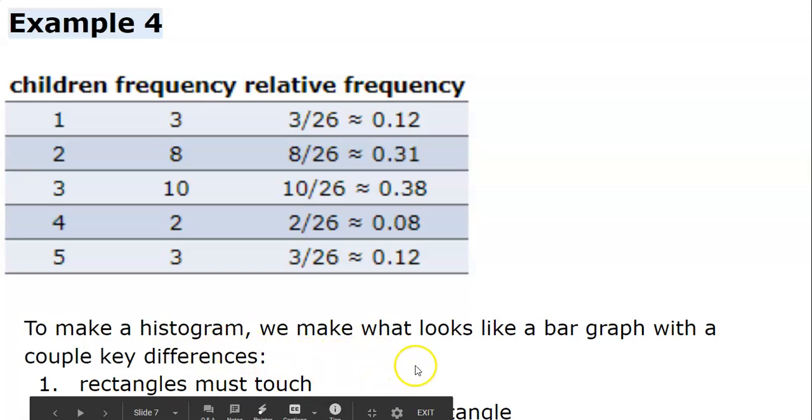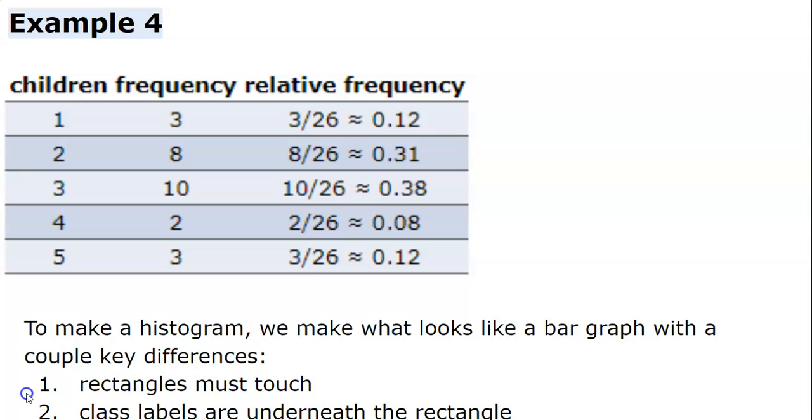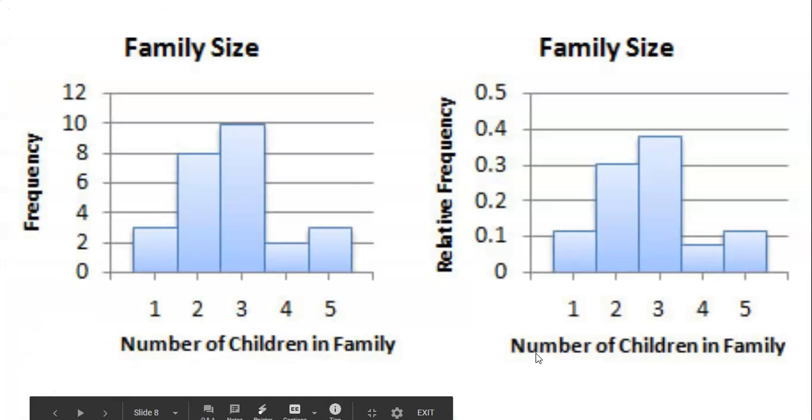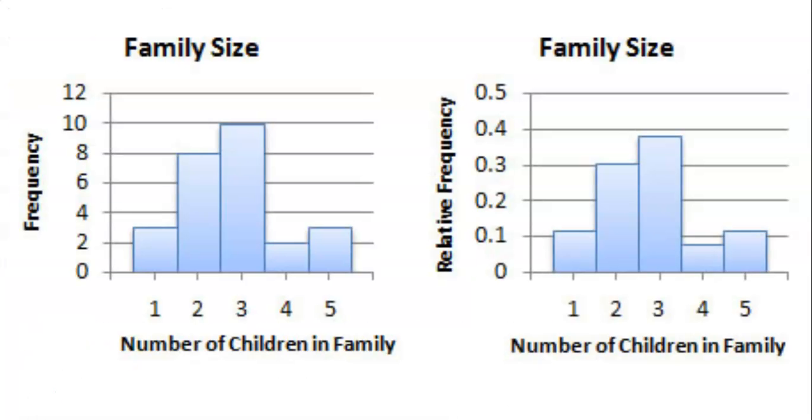The rectangles must touch, and the class labels are underneath the rectangle. Again, the rectangles need to touch in a histogram because we want to imply that the classes are adjacent. So here's what they'd look like for our example data.